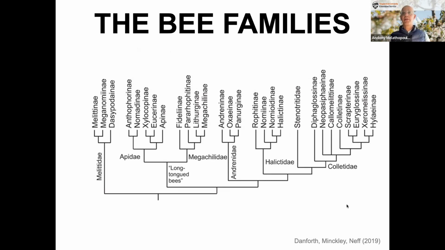I just want to point out that one way to separate the bees is into these 6 families. And 4 of them, highlighted in blue, are called short-tongue bees. They have very simplified mouth parts.